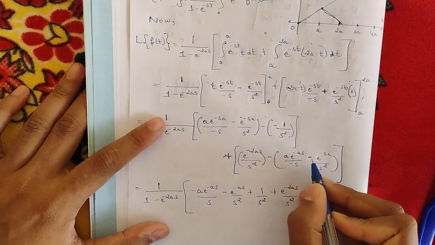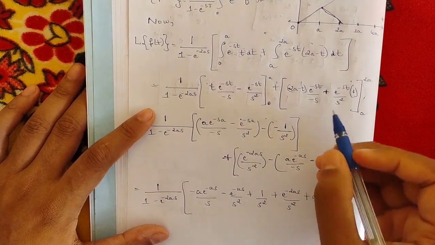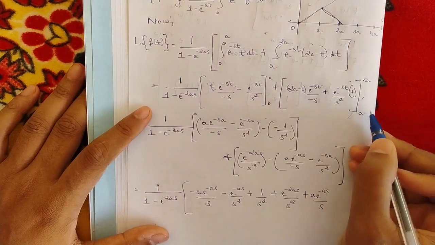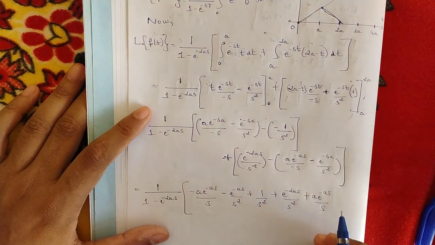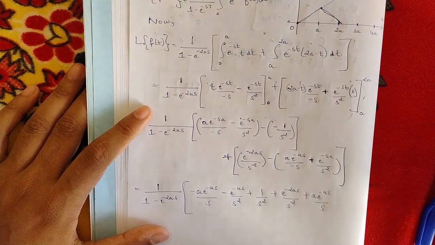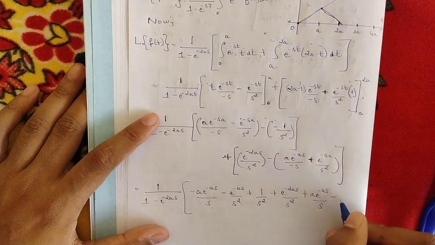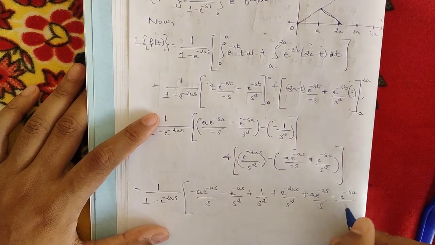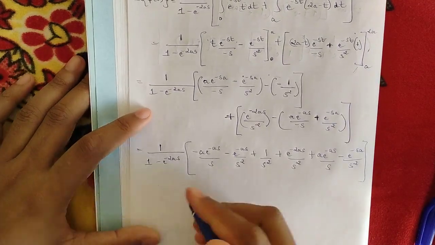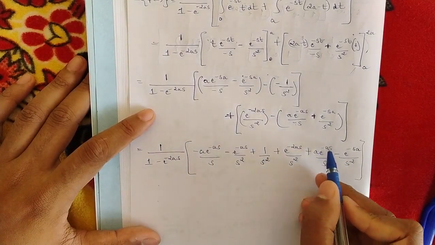So it is not minus here, it is plus. Why? Because if you observe carefully, the upper limit we have applied here, and when we apply the lower limit we would be getting plus here. So that's why minus into plus is equal to minus e to the power minus sa divided by s square. Now here we have minus a e to the power minus as by s, and here we have plus a e to the power minus as by s.